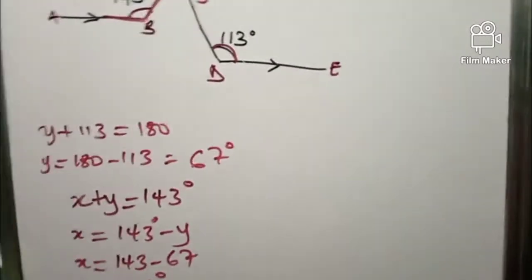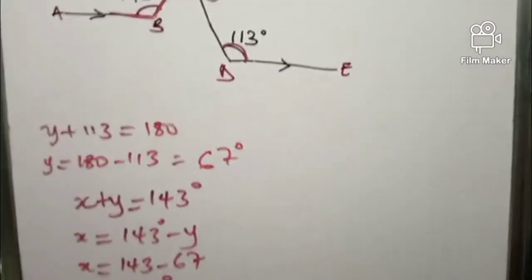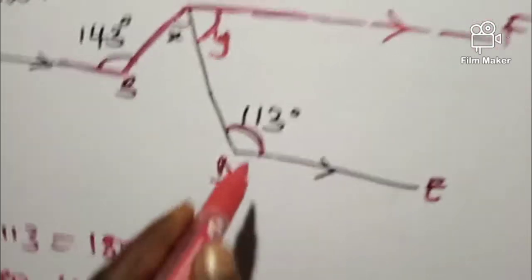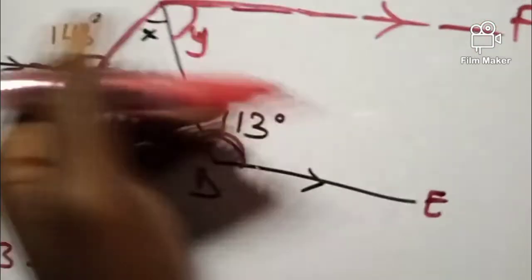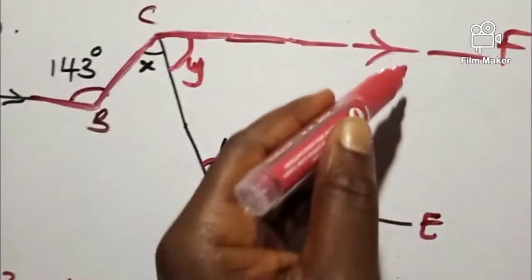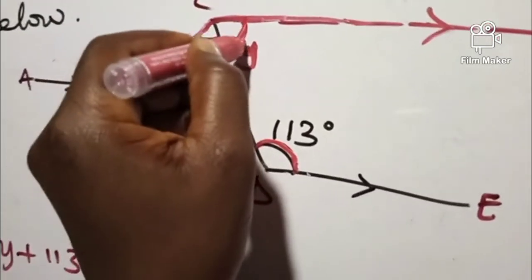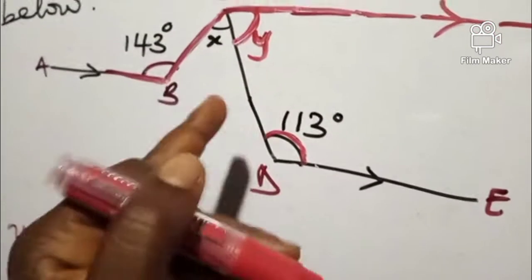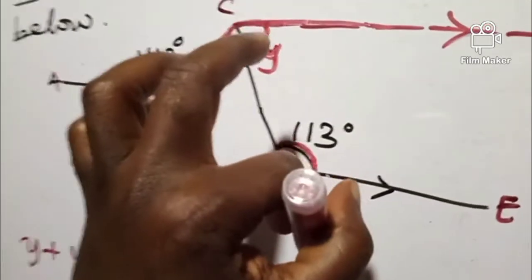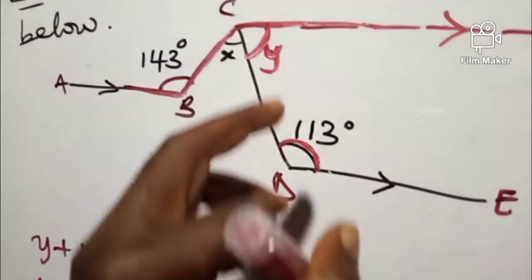So to solve a question like this, you don't need to stress yourself. All you need to do is draw a line that will be parallel to this. By drawing that line, this angle and the new angle that will be formed here, which I've called Y, will be supplementary because they are co-interior.